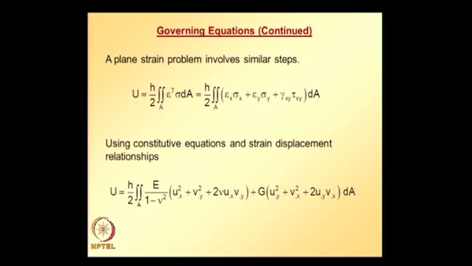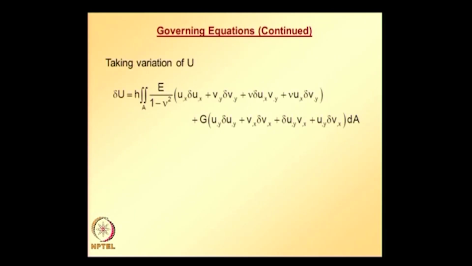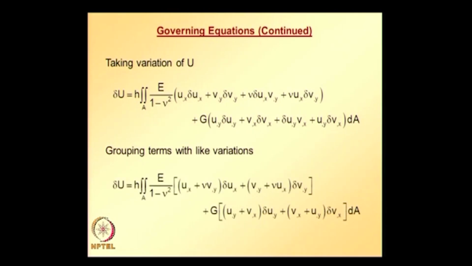So, taking the variation of the previous equation, we get this, and grouping terms with like variations, we get this. And now we need to recall what Green's theorem is, and also that the variational operator and differentiation operator are interchangeable.